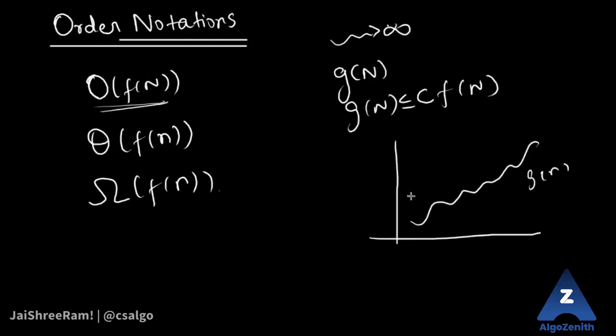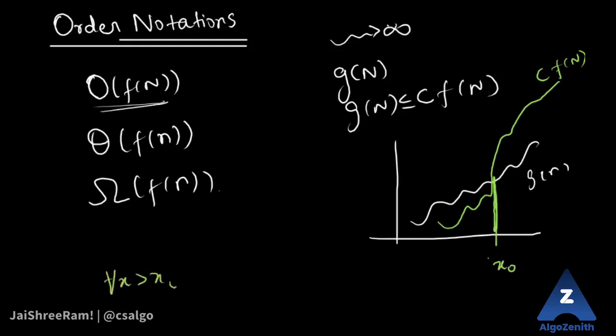What this means is that there is some function c times f of n, which after a certain point, let's call that some x0, for every x greater than x0, c times f of n is greater than or equal to g of n. So this is what this big O means.